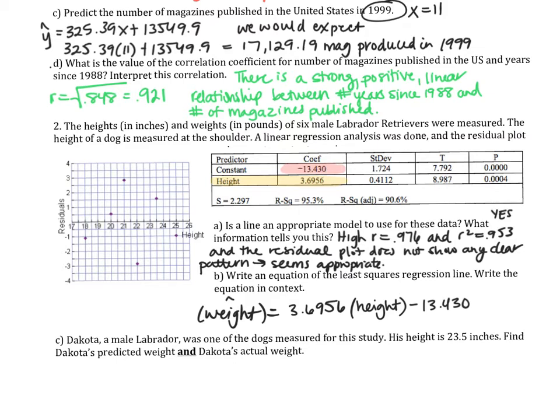Next problem. Dakota, a male Labrador, was one of the dogs measured for this study. His height is 23.5 inches. Find Dakota's predicted weight and Dakota's actual weight. His height is 23.5 inches, so for his predicted weight we're going to use our line of best fit: 3.6956 times 23.5 minus 13.430.